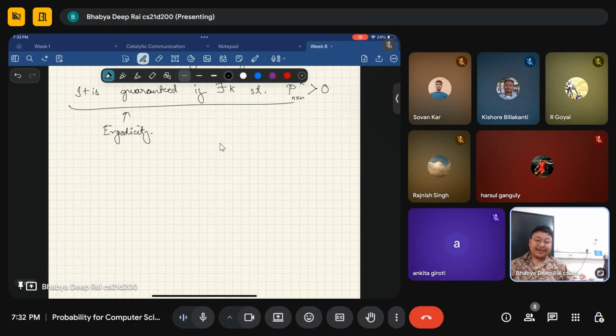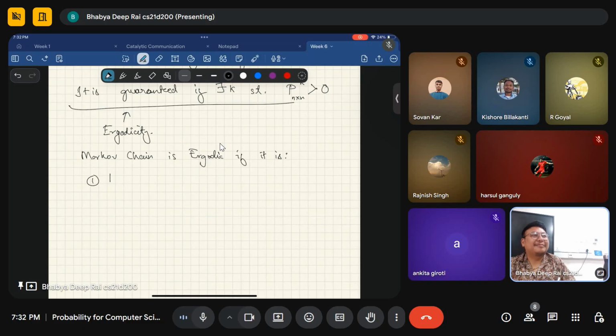Now there is another alternate definition of ergodicity. A Markov chain is ergodic if it is not regular.